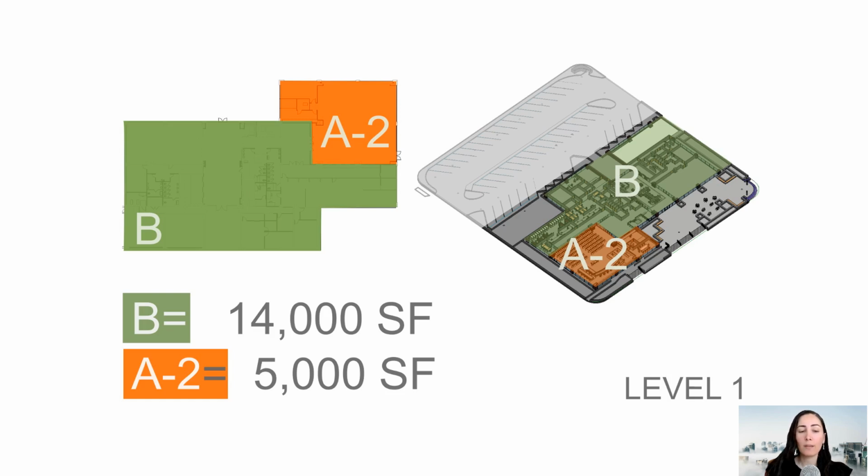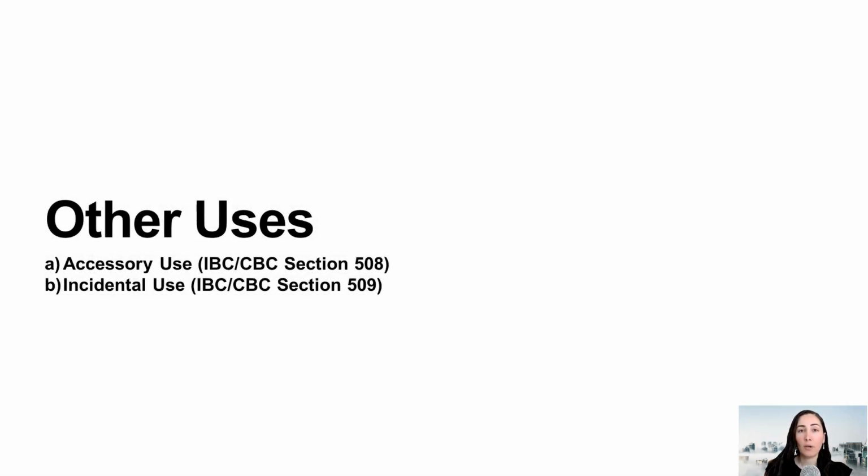Before we discuss what these terms separated and non-separated mean, let's take a step back. Not all additional uses within a building cause the building to be classified as a mixed occupancy. If you have multiple occupancies, those other occupancies might fall under the category of an accessory occupancy or even an incidental use.